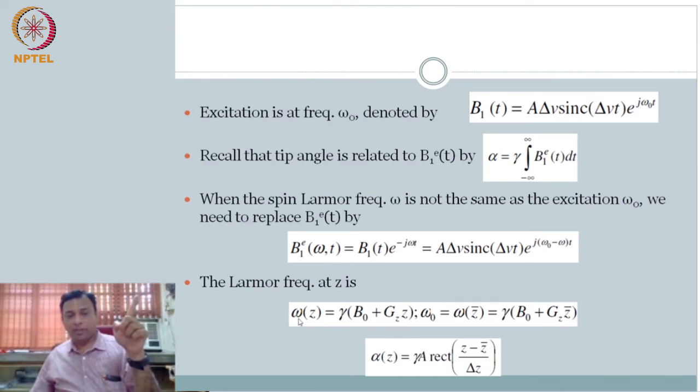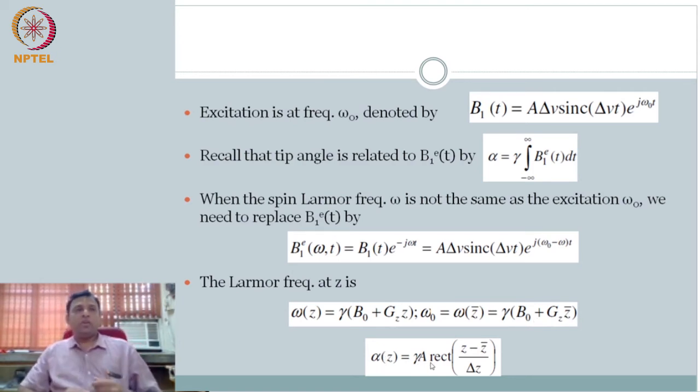So the frequency omega at a particular location Z is gamma times whatever the magnetic field strength is at that location, B naught plus, because we are applying only Gz, it is Gz times Z. What we are interested in is ideal at a particular Z, but we know we are talking about thickness. So this is the center of the thickness, Z dashed. So omega naught at the center of the thickness will be gamma times B naught plus Gz times Z at the center, right? And therefore your alpha of Z will be of this form.